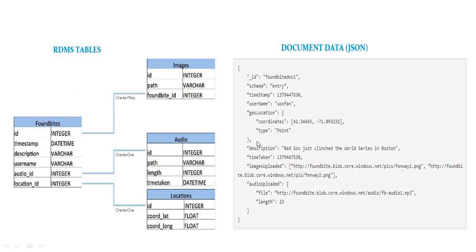In document-oriented databases like MongoDB, we can store the data like this. We can store the key value pairs directly. In document-oriented databases, we have a few popular databases, MongoDB and CouchDB.